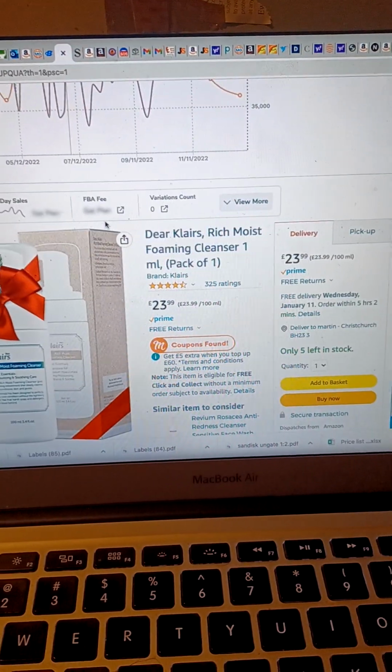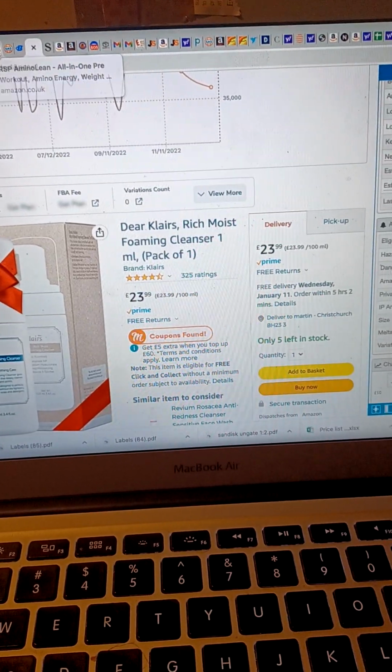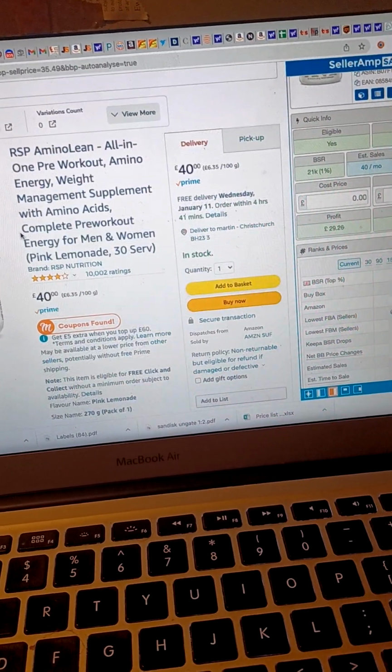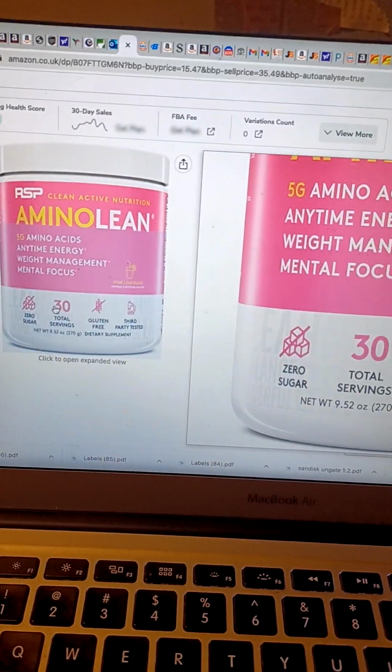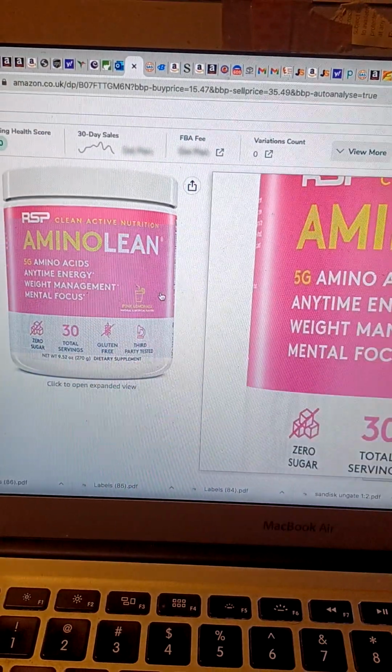So we go back to the product to make sure. That's the wrong product. In fact, that's the one I was filming before until someone knocked at the door. So, yeah, 30 servings and, well, it's pink lemonade.